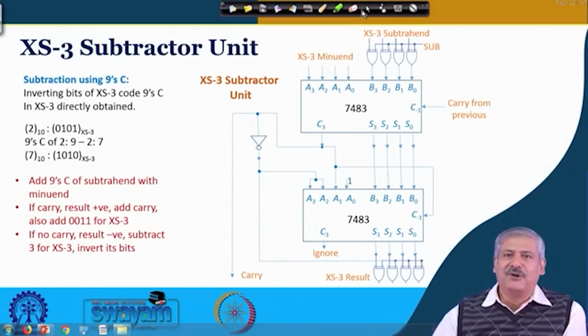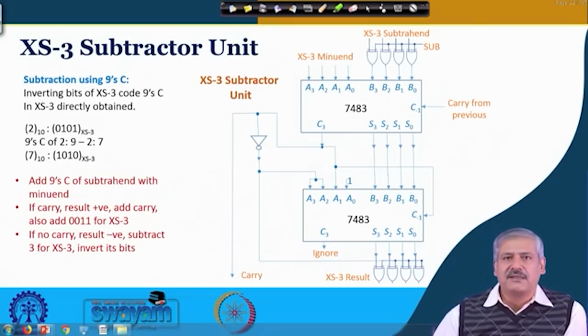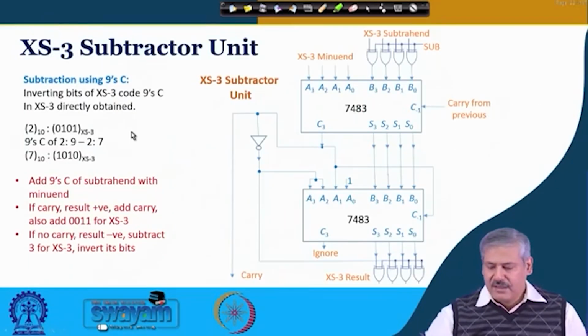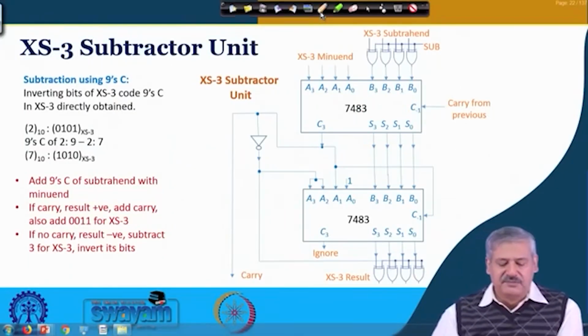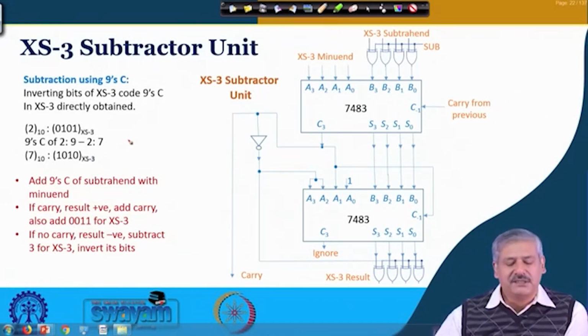For the BCD subtractor, if you remember, we discussed a 10's complement generator circuit, or if we had used 9's complement arithmetic, we would have used a 9's complement generator circuit. Here we do not need an elaborate or more complex 9's complement or 10's complement generator circuit, because by inverting the bits, we can get the 9's complement of it, okay.